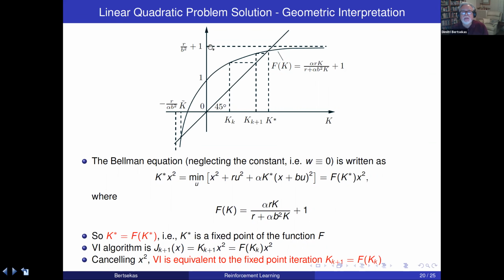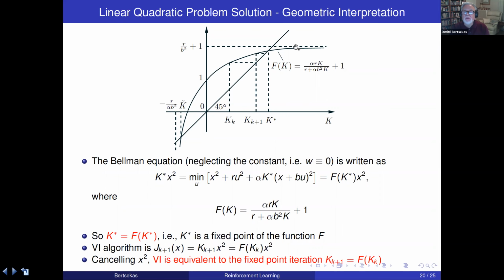An asymptote at this value, and also it goes down along another asymptote, which you can also see here by setting the denominator to 0, basically. Goes like this. So this is the function that's involved in value iteration.